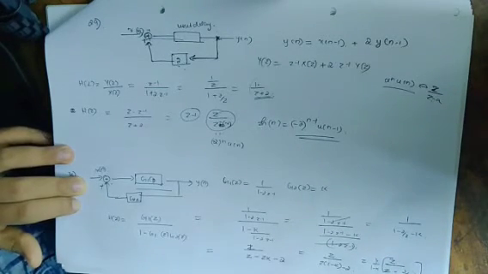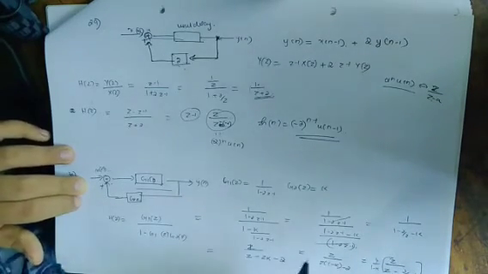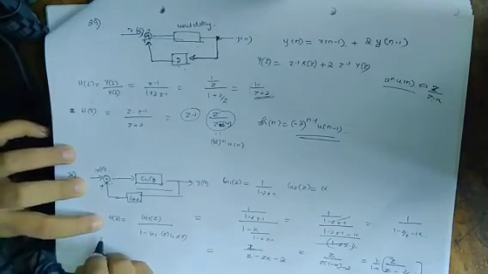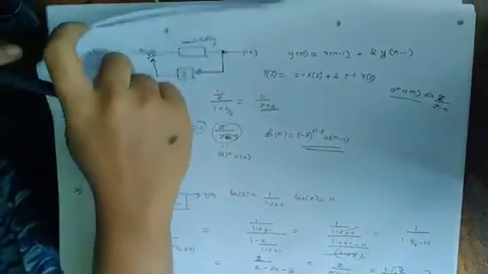So this is the overall transfer function, I'll just write here. The overall transfer function is equal to z divided by z minus 2 divided by 1 minus k, that is 1 divided by 1 minus k.